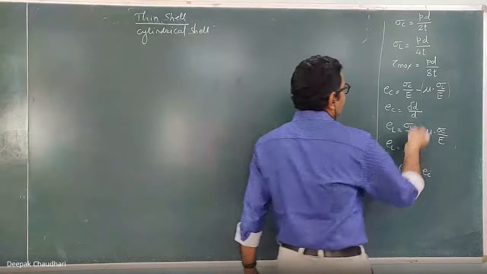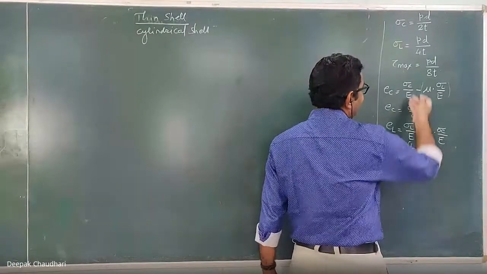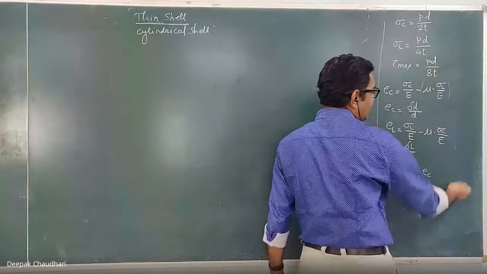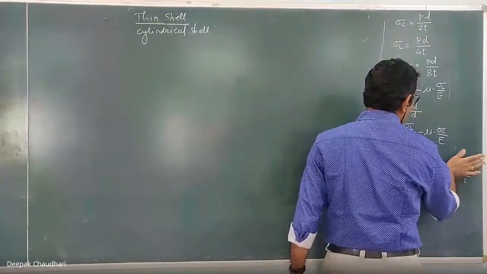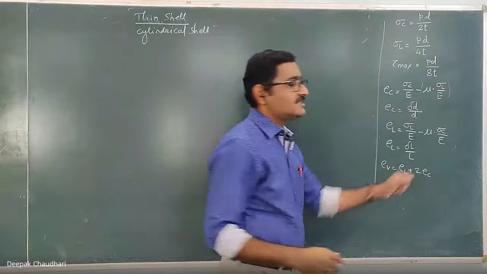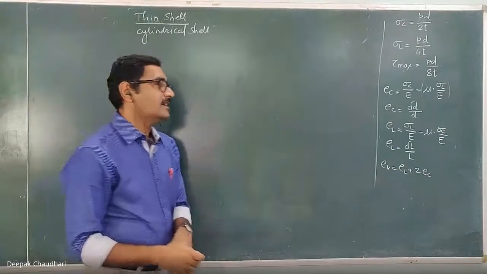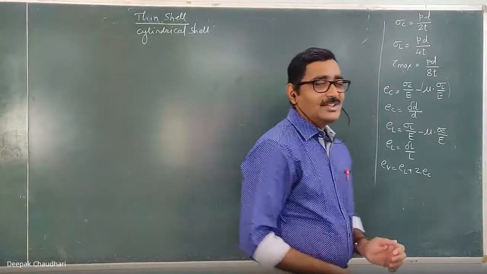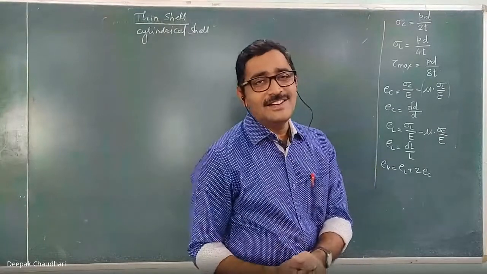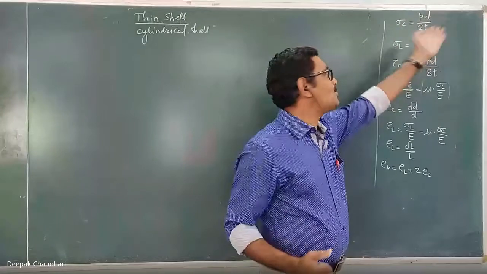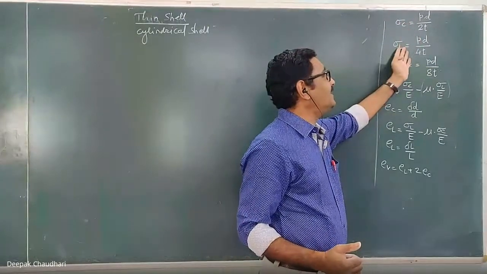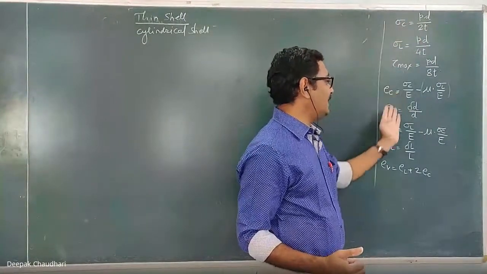If I substitute the formulas of EL and EC and sigma C and sigma L, I can write this in terms of P, d and t. But instead of remembering it in terms of P, d and t, just remember this formula and calculate it separately. While solving sums on thin cylindrical shell, you have to start from sigma C and sigma L. With the help of these you can calculate EC and EL.